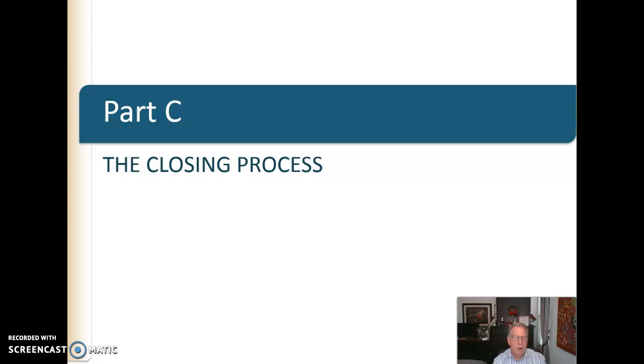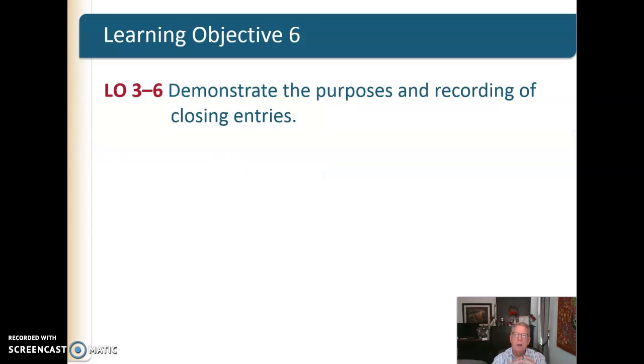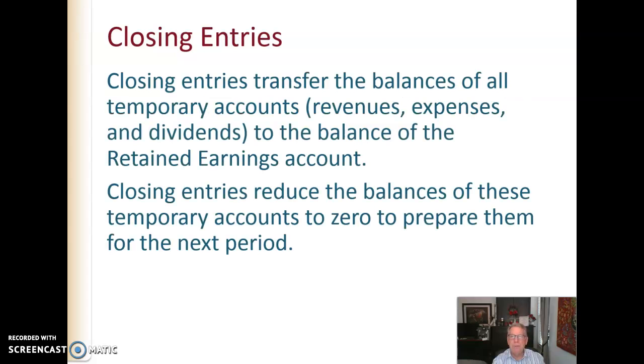All right, the closing process. I've been talking about the closing process quite a little bit up to now. Now you're going to get to see how it works. Here, we're going to transfer all the balances of what we call our temporary accounts. And those are revenues, expenses, and dividends.